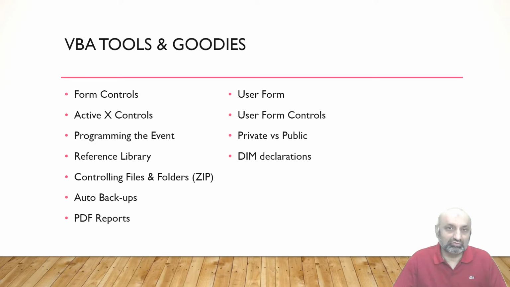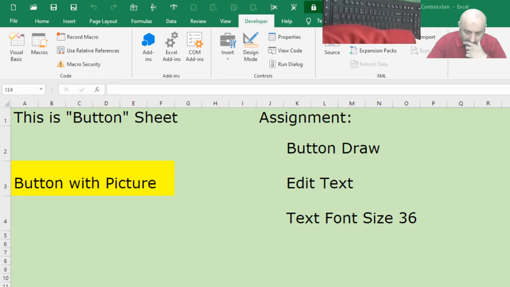Let's go to today's agenda, that is form controls. So here is our developer menu. In the developer menu, we have so far covered, in the last videos of the VBA for Everyone series, the Visual Basic Editor and how to record and run macros. We talked about macro security.